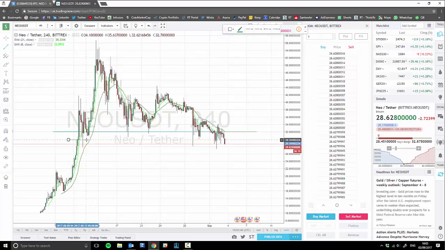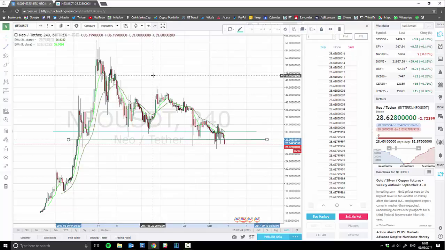Support and resistance is something you'll probably hear a lot in the markets. A level of support is like the floor or the base of a market, and resistance is like a ceiling, so to speak. What we're seeing here is a pretty strong level of support.